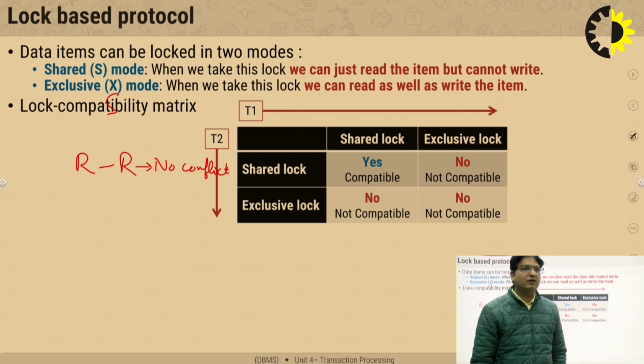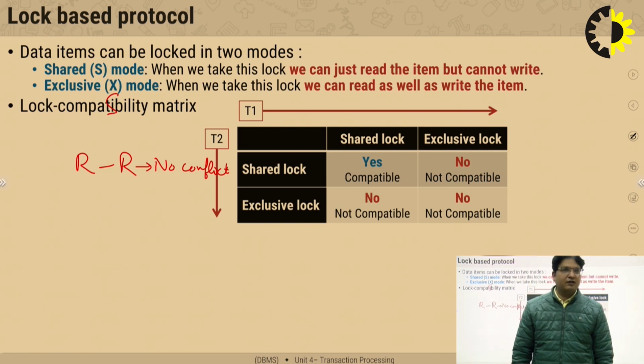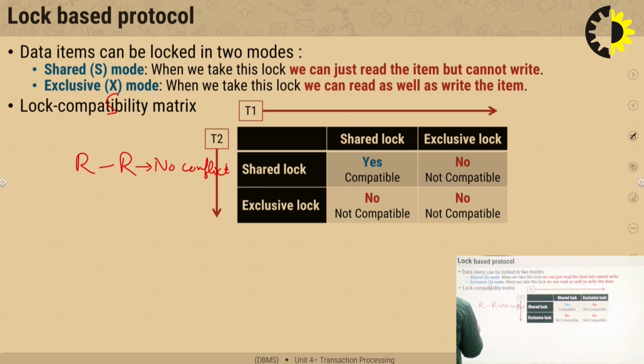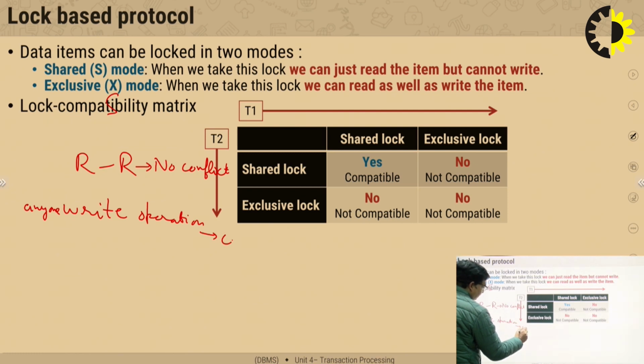is also not allowed. So the gist is that if any one of the instructions is a write operation, then another transaction cannot be allowed a lock. If any one of the instructions is a write, then the conflict occurs.